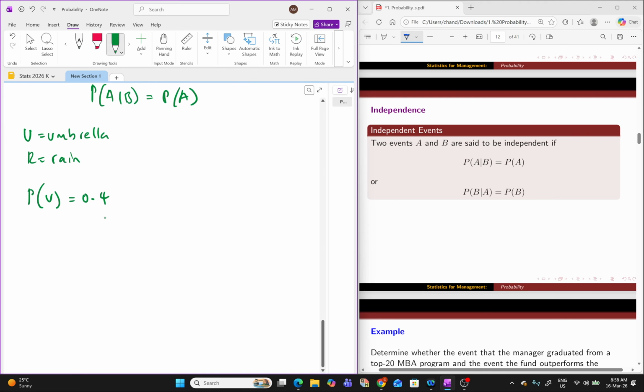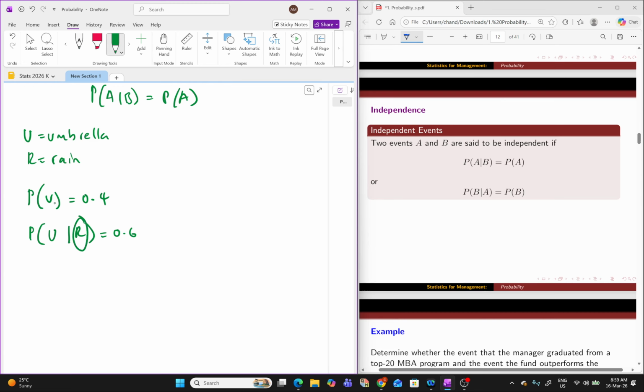Then let's say today is raining, that is the given condition. If the probability of you bringing an umbrella is not the same as 0.4, maybe 0.6. I repeat, every day, whether raining or not, the probability of you bringing an umbrella is 0.4. Now today it's raining and suddenly the probability of bringing an umbrella changes to 0.6.